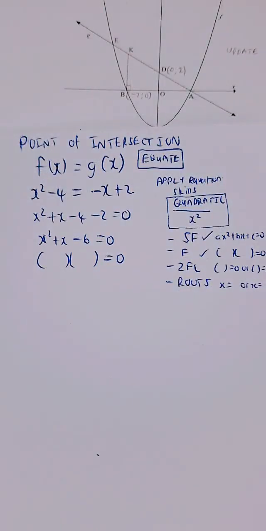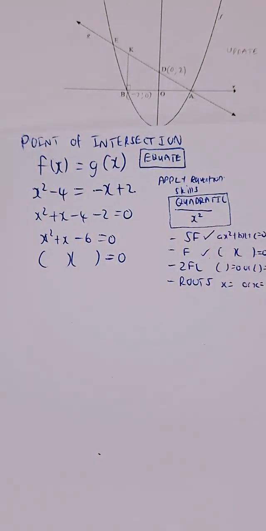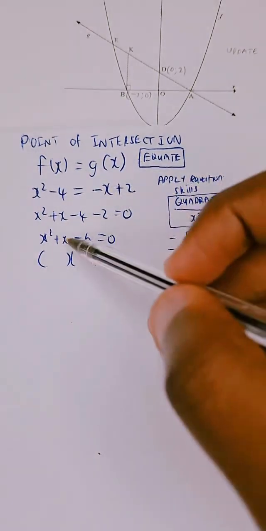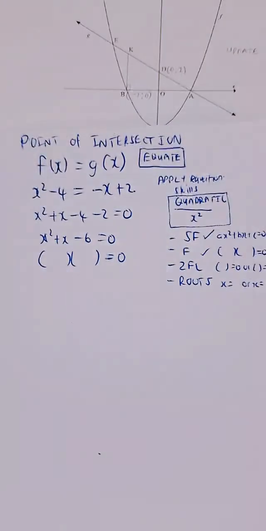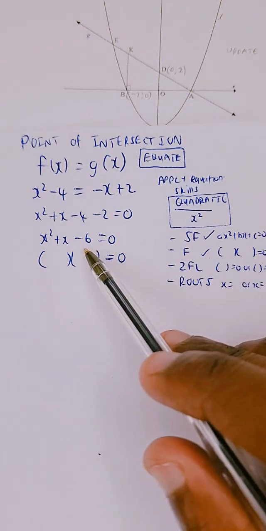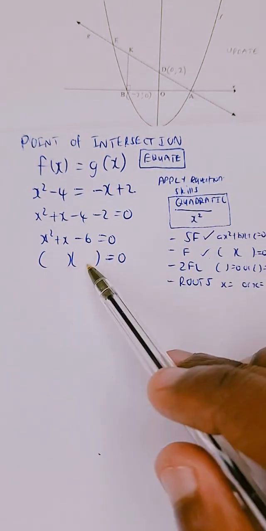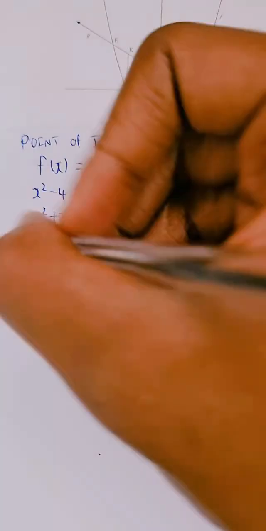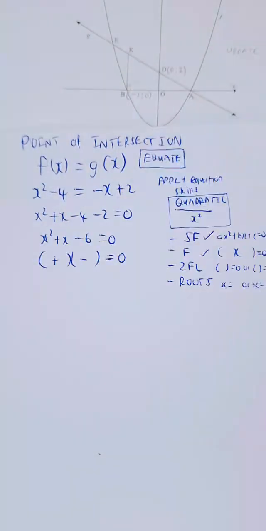We open 2 brackets, like we are pros. And then after opening 2 brackets, we just go ahead and find the factors of 6, which when we add, give us 1. When we multiply, give us negative 6. This negative sign means that the signs are going to be different. Positive and negative.